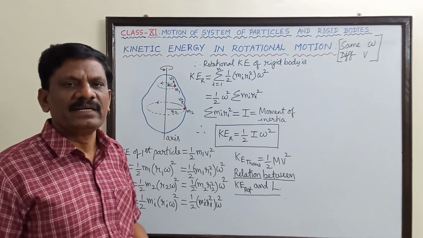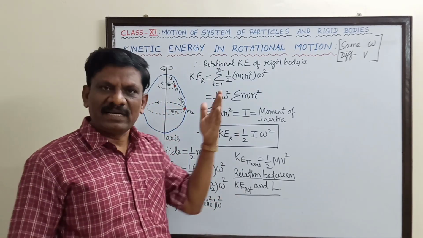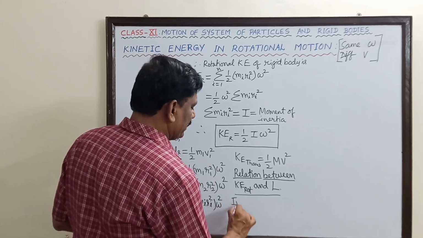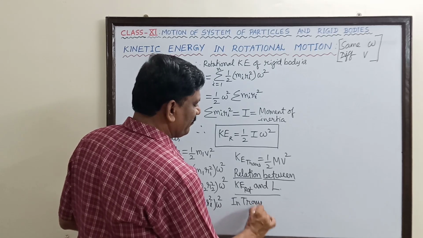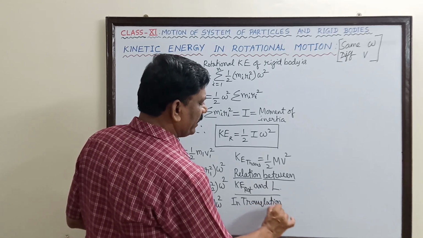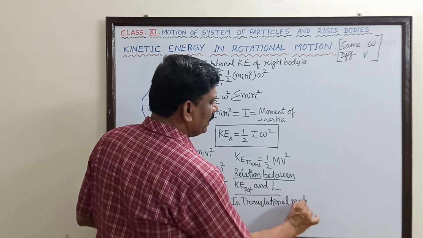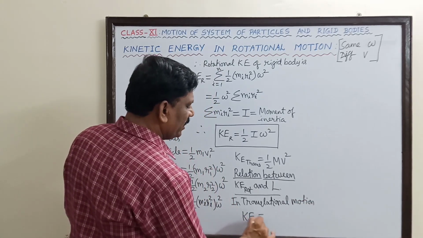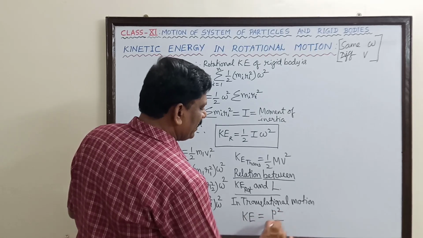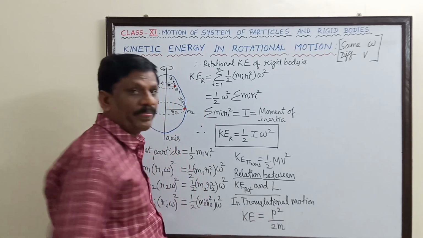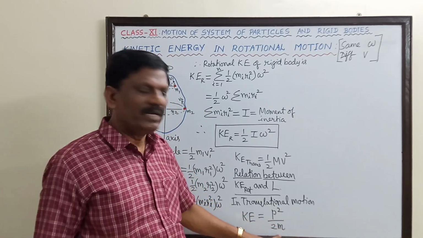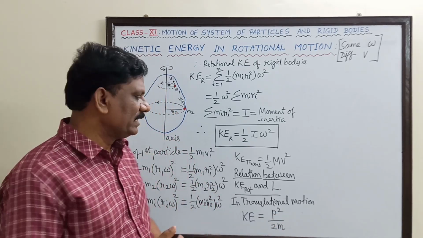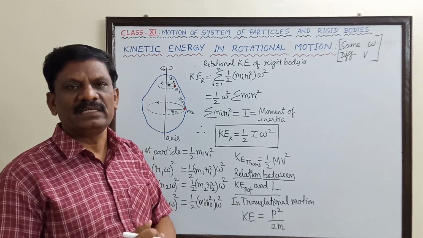Okay, so this is the next derivation in very simple terms. We have already studied that the kinetic energy in translatory motion is equal to P square by 2m. So in translational motion, first of all, we will recall that kinetic energy is equal to P square divided by 2m, where m is the mass of the body and P is linear momentum, which is the product of mass into velocity, is it not?